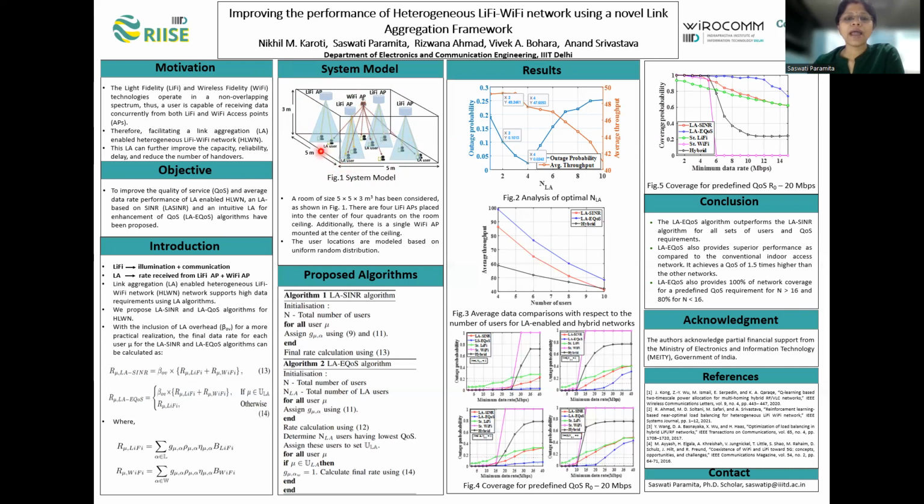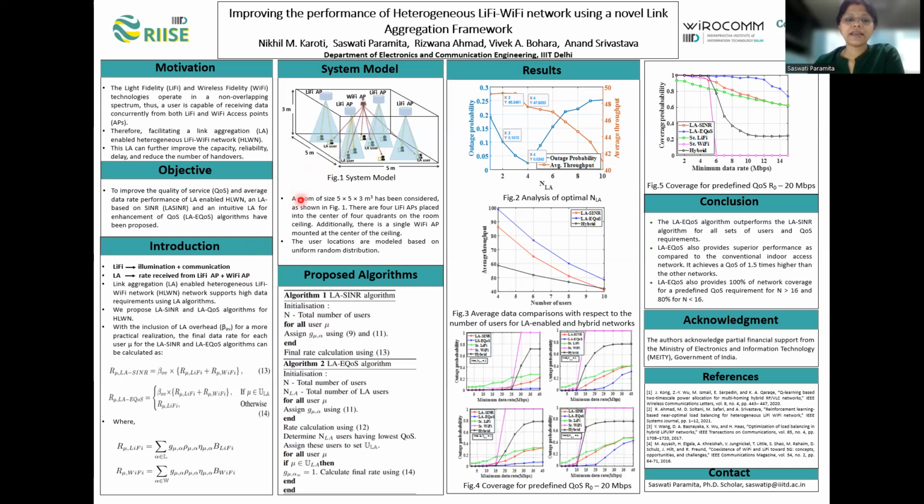Here we can observe that the users who are not present in the full field of view of the LiFi AP may get a lesser data rate from the LiFi AP. Therefore, the user requirement is not achieved in this case. Basically, to improve the data rate for these users, we are proposing algorithms based upon the link aggregation technique.